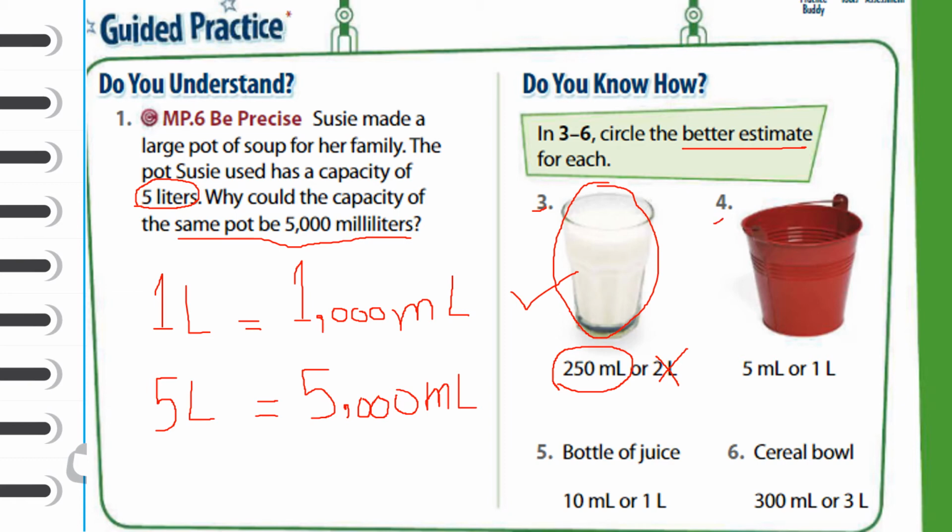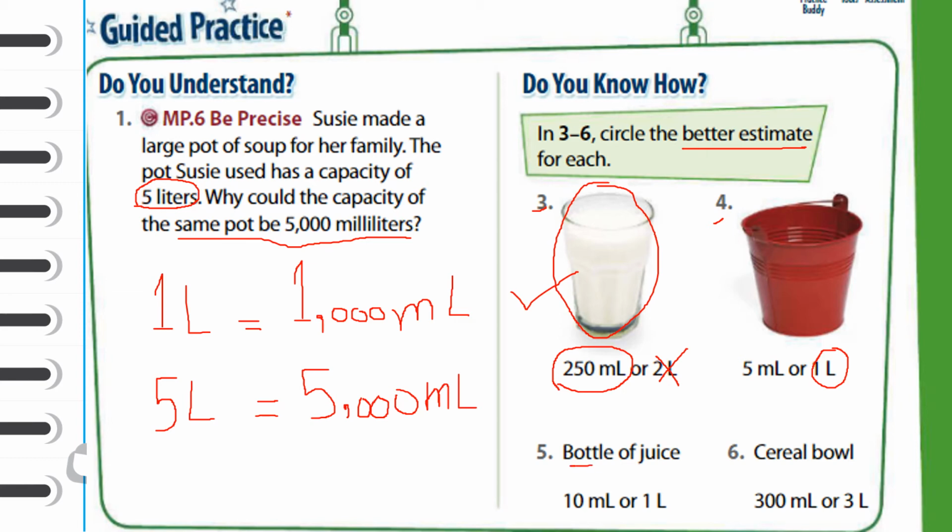Okay, question 4. This is a pail. Okay, so what is the capacity of the pail? How much water or liquid this pail can hold? 5 milliliters, like an eyedropper, or 1 liter? Excellent. 1 liter is the best estimate for this.